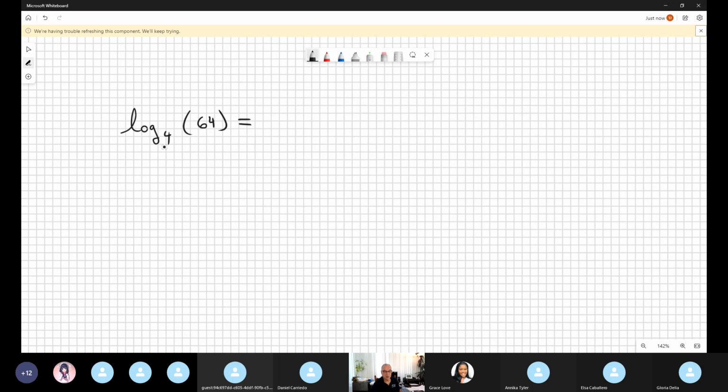Suppose I don't know. Okay, to see more clearly, you change to exponential. The base is 4. The exponent, I have no idea, equals 64. And this is now a logarithmic equation. Okay, I am not familiar, no. However, I am a little bit familiar.